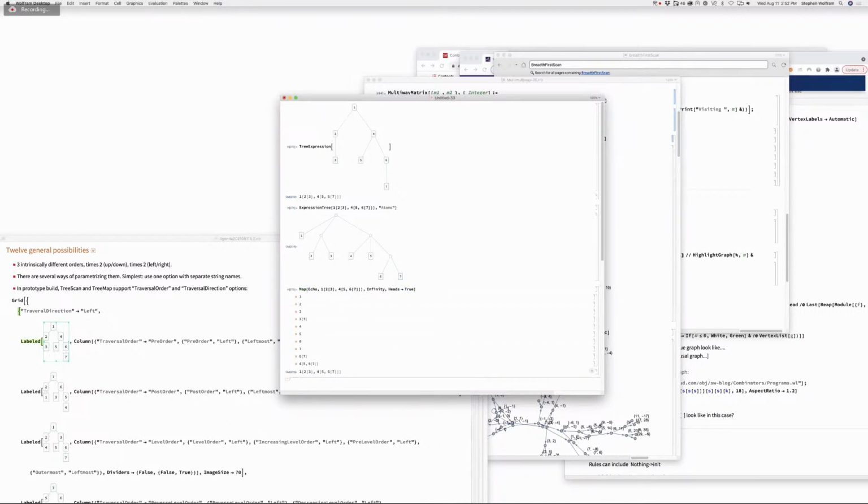But sorry, in the previous expression, what happens if you do tree expression of that tree that you generated? Oh, it's null, right? So I think what you want is list instead of null. Why is it null and not list, by the way?